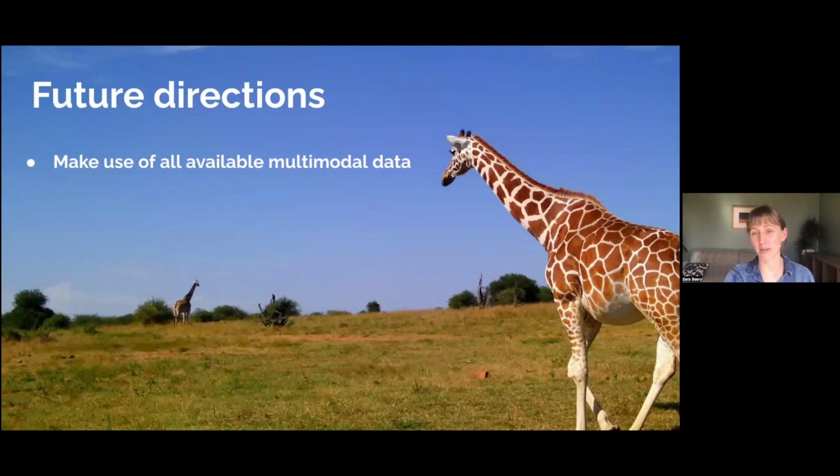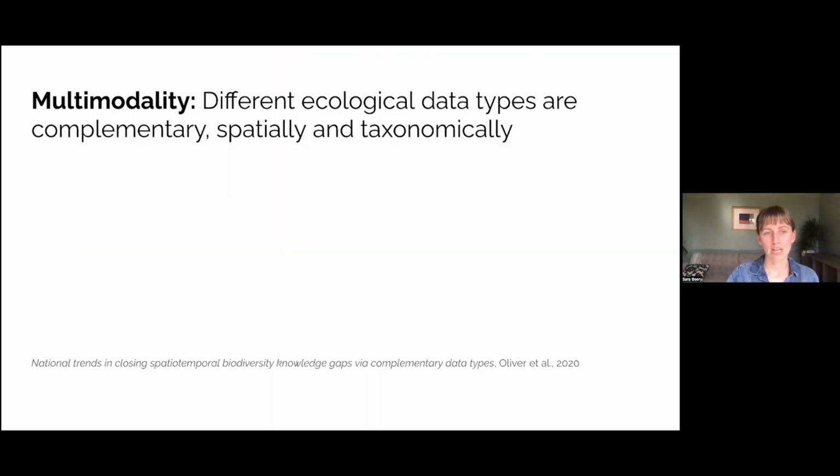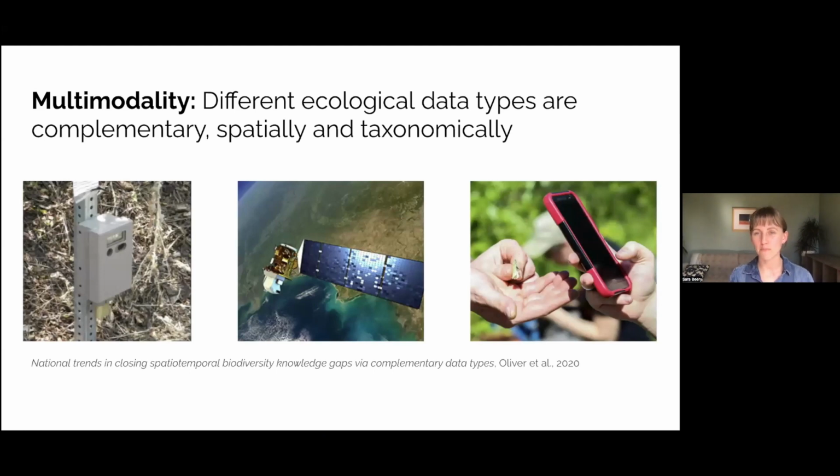Everything I talked about so far was pretty much looking at one type of data at a time, just camera traps, just sonar, just ranger-captured elephant images. But these different types of modalities are actually complementary, and no individual type of data is able to capture the whole taxonomic tree or the same spatial and temporal scale that we might want.